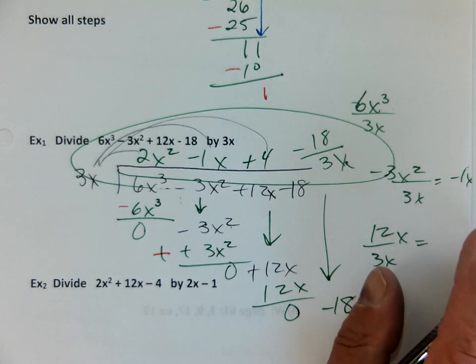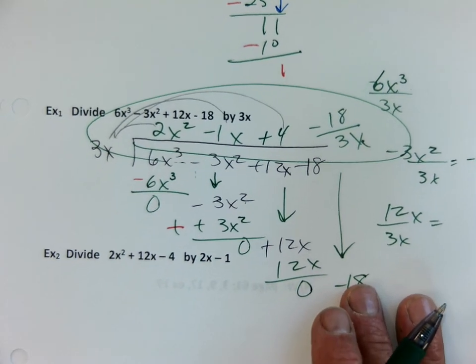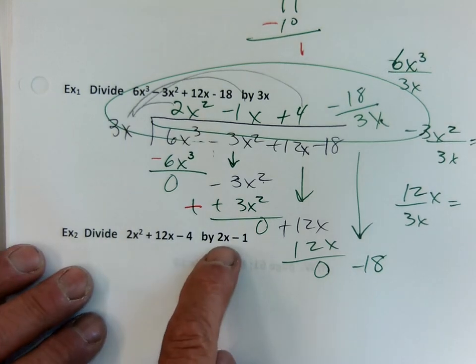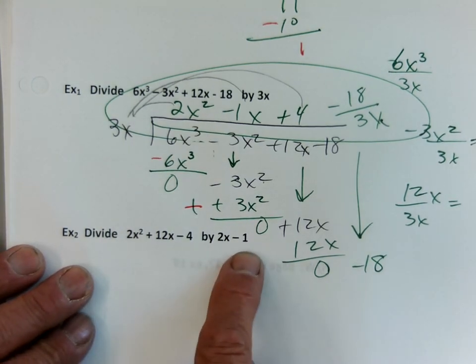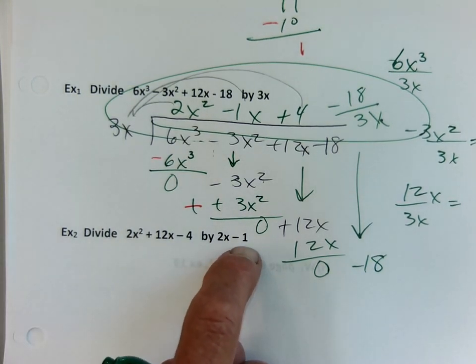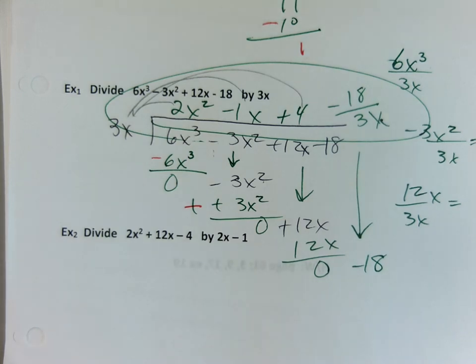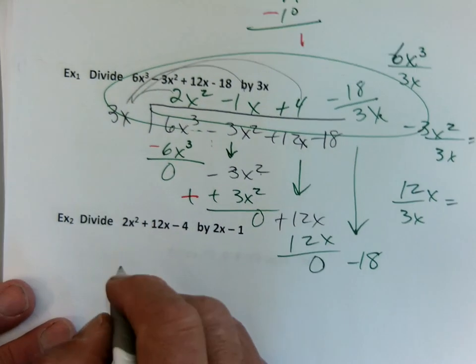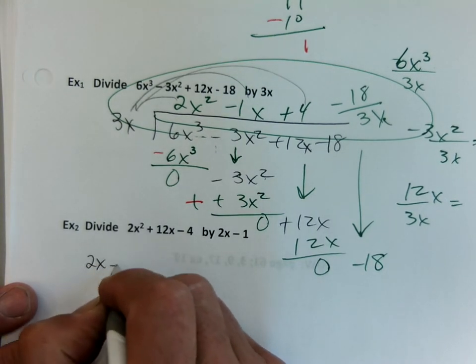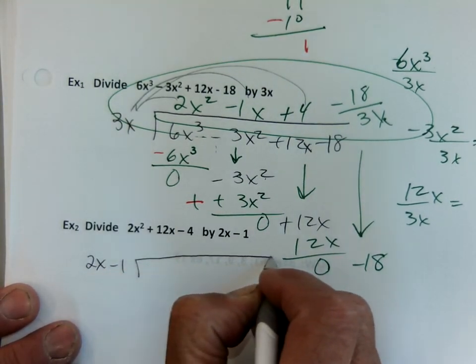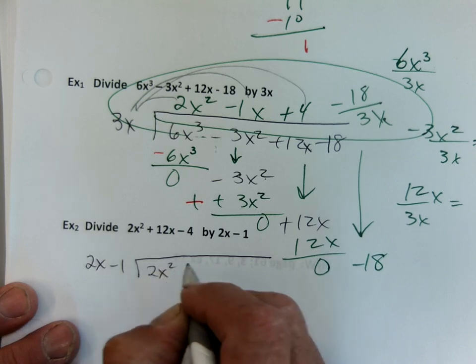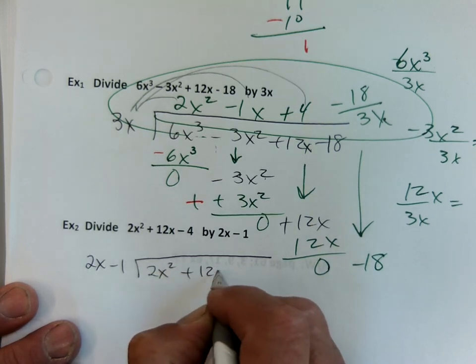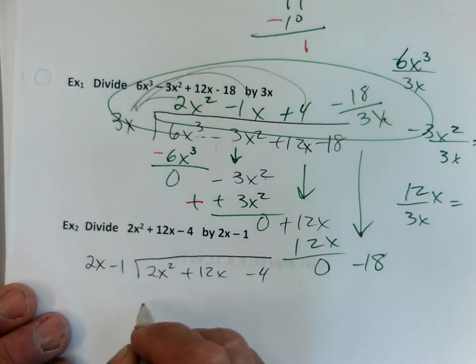All right? Now, it gets a little bit more interesting when you have 2 terms. But we're going to do the exact same process, okay? So I'm going to take, and I'll go slowly with this, 2x minus 1 divided into 2x squared plus 12x minus 4, okay?